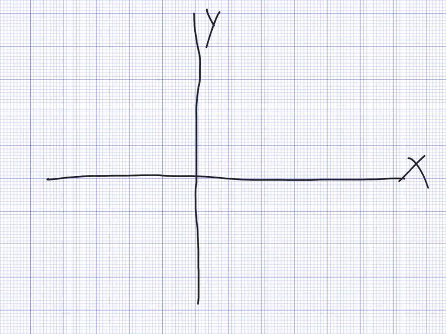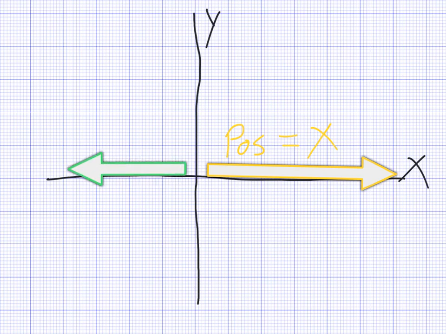So if I have an arrow that's going this way, we can see that one's very obviously going to be a positive in the x direction. Now, if we had another one that was going this way to the left, it's going to be negative in the x direction, right? So that's why, by convention, if it goes to the left, it's negative. If it's to the right, it's positive.